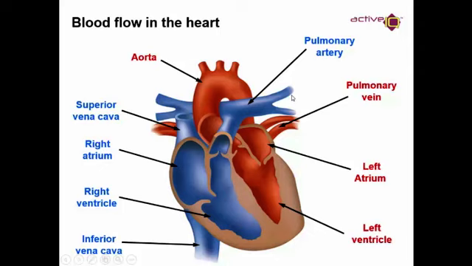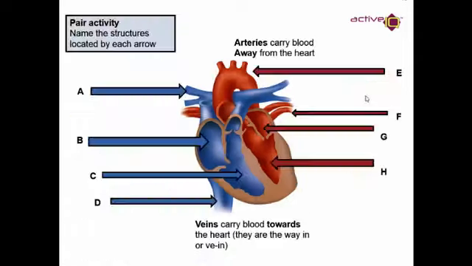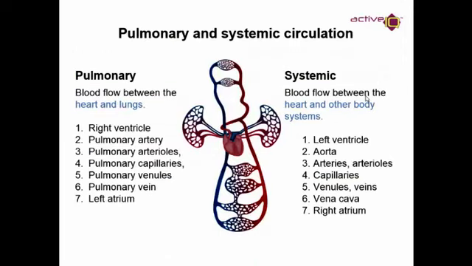We go over to the lungs, and we get rid of all this carbon dioxide, and we collect some brand new fresh oxygen for the blood, and then we come back in through the pulmonary vein. Okay, just there. Everyone clear? Hope so. If not, have a little look, and it should start to make sense again.